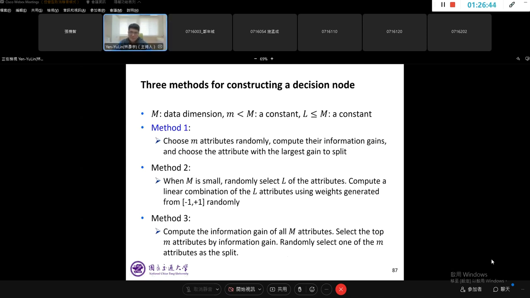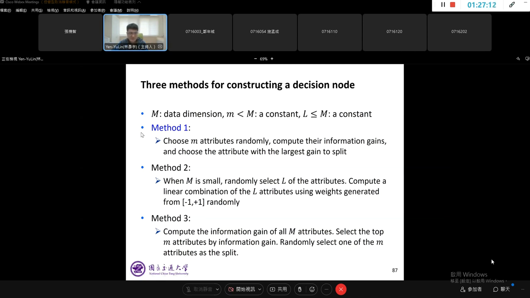Let's look at how to implement a decision node for random forest. Actually, there are many variants of random forest in the literature. In this slide, I specify three popular methods to construct a decision tree in random forest.